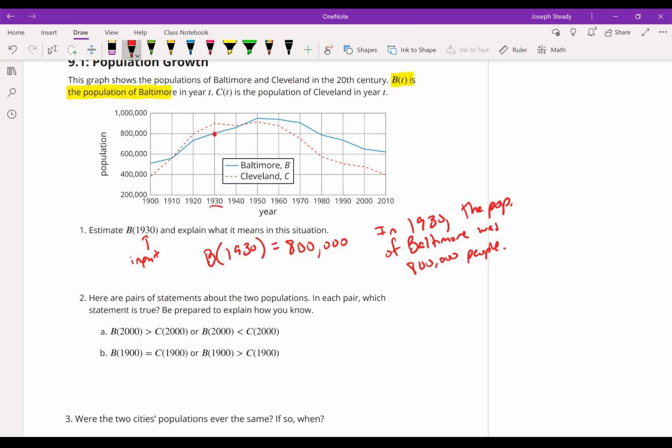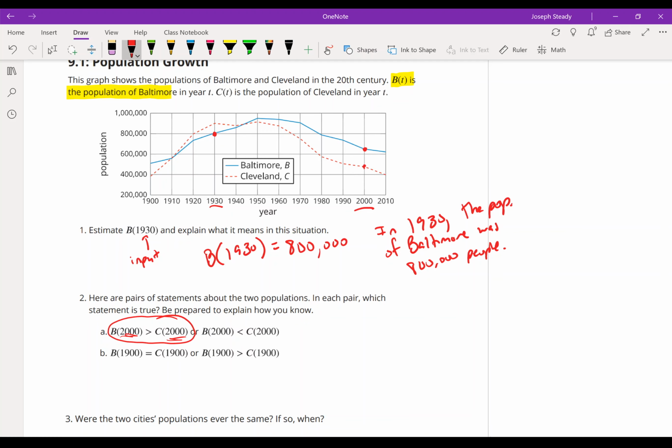So if I look at the year 2000, because that's the year we're looking at in both of these, I can see, okay, in 2000, Baltimore's population was higher than Cleveland's, which means that B of 2000 is greater than C of 2000. So that's the true statement here.